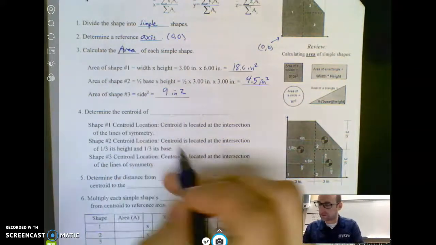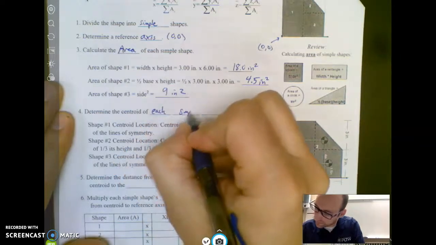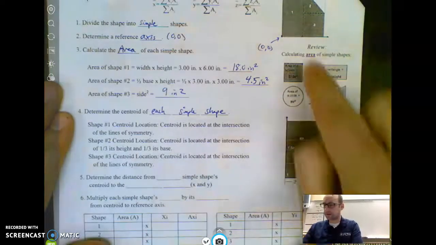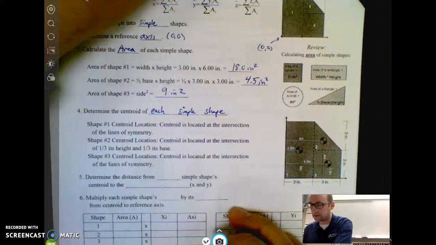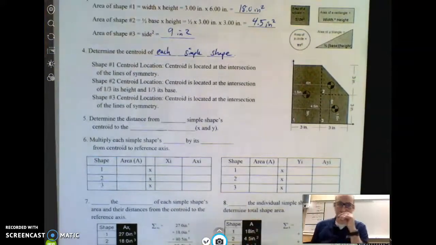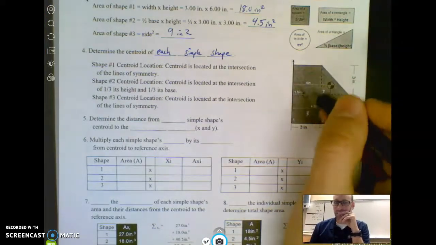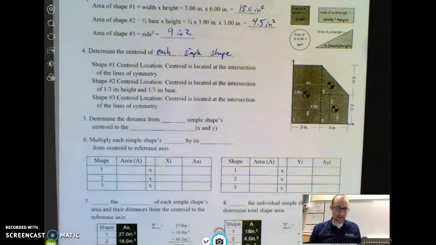So determine the centroid of each simple shape. We're going to find number 1 centroid, and number 2 centroid, and number 3 centroid. We'll come back to the areas later. Okay, so since number 1 is a rectangle, you can find its centroid from your notes. The centroid of a rectangle is super easy.